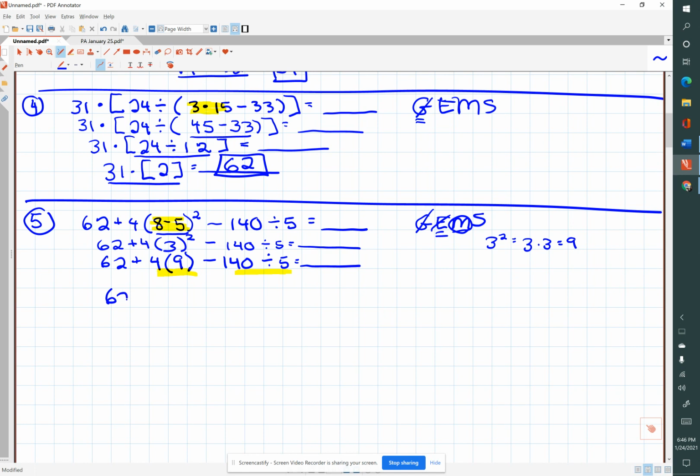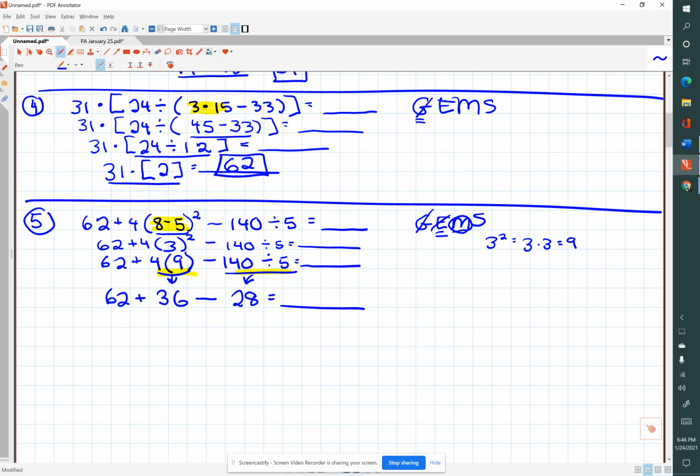So 62 plus 9 times 4 is 36. Okay. Now we do the 140 divided by 5, which is 28. Okay, so 4 times 9 is there. 140 divided by 5 is there.